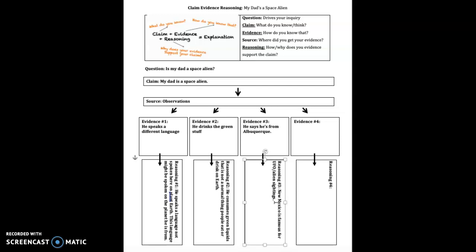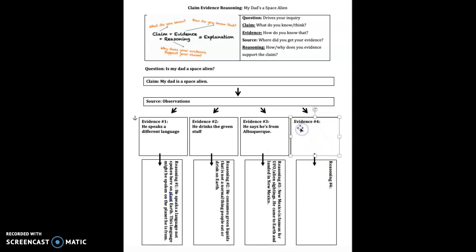So maybe he came to Earth and landed in New Mexico. So he claims he's from Albuquerque. And what do we know about Albuquerque is that Albuquerque is in New Mexico, and New Mexico is famous for UFO and alien sightings. Maybe he came to Earth and landed there in New Mexico.